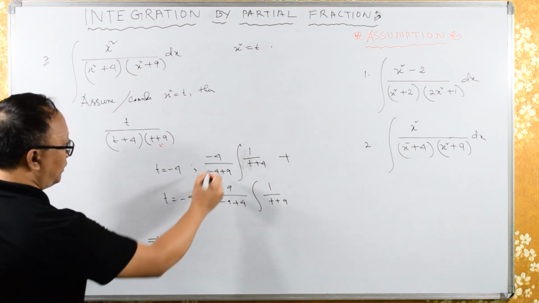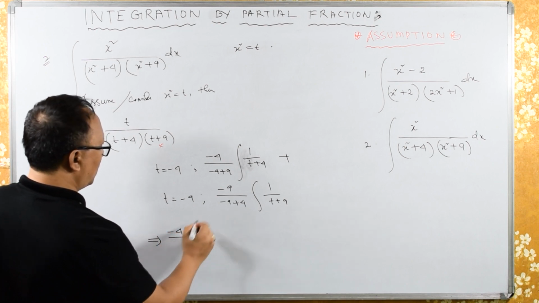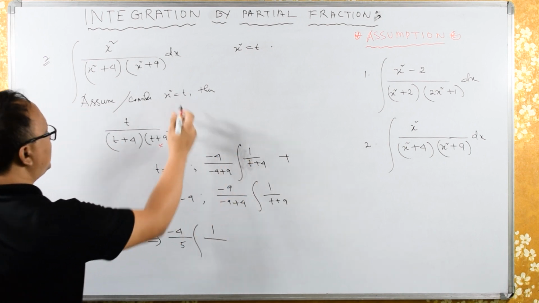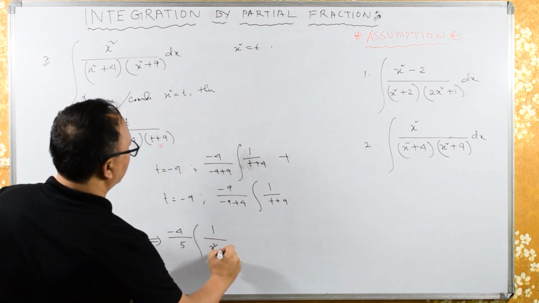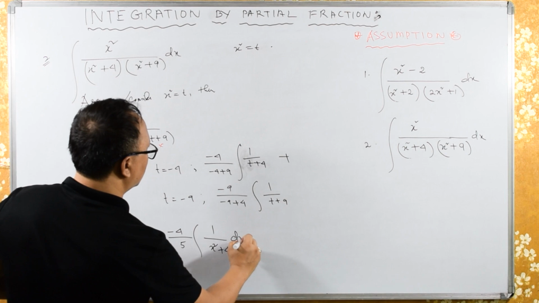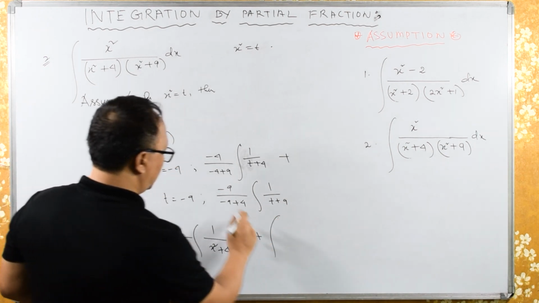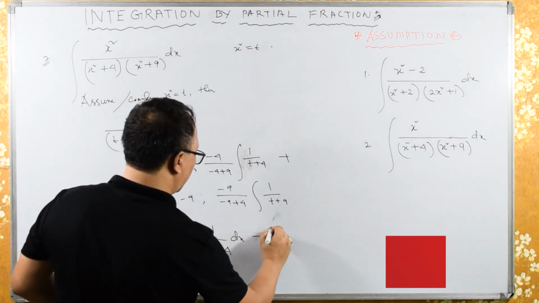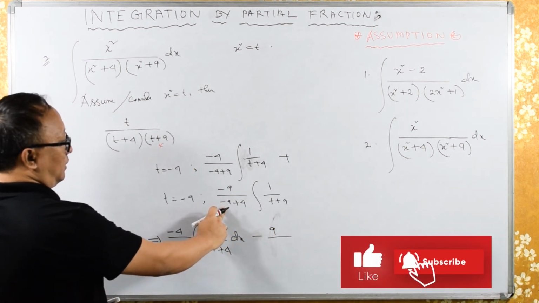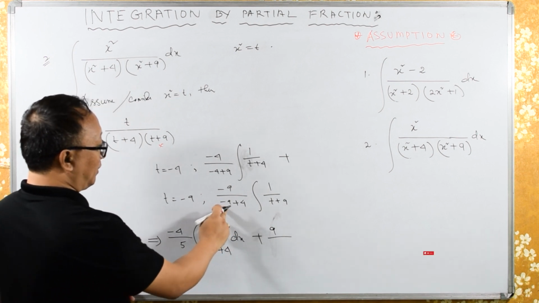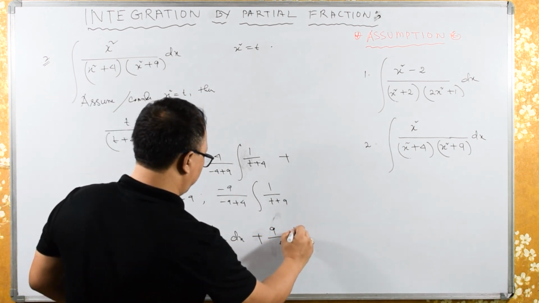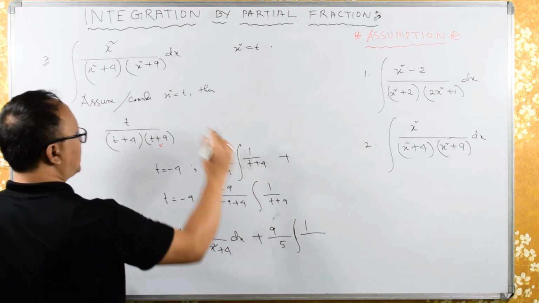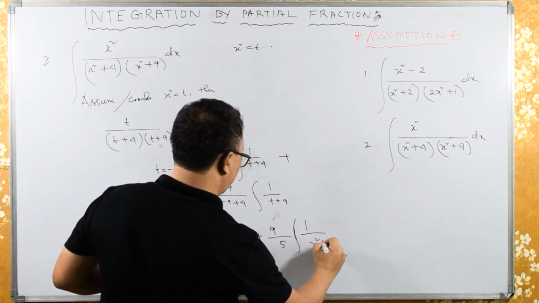This implies minus 4 upon 5 integral 1 upon t plus 4, where t is x square, so x square plus 4 dx, plus minus 9 upon minus 5, minus minus plus, 9 by 5 integral 1 upon x square plus 9.